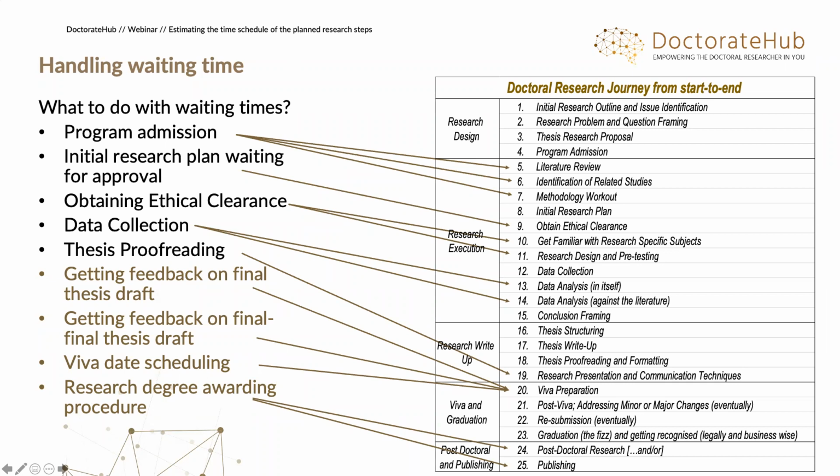Now, in both of these cases, at the research design point 4 and also at the Viva preparation point 20, this can pay off double. It pays off once it comes to the oral defense of either your research proposal at point 4 or the oral defense of your full thesis at point 20. So if you handle that time wisely, then this will pay off.